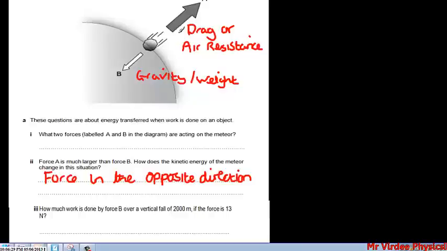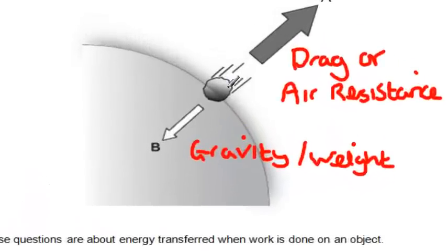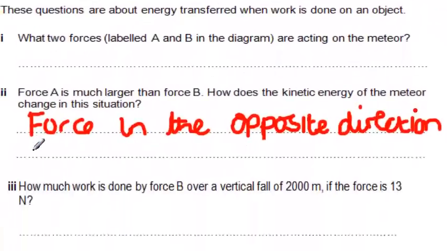Obviously if you apply a force in a direction opposite to movement, it's going to reduce its speed, so it's going to cause it to decelerate. Because it is decelerating, the kinetic energy is reduced, because kinetic energy is only present when an object is moving, and it's related to the velocity of the object. So obviously if it's slowing down, the kinetic energy is going to reduce.